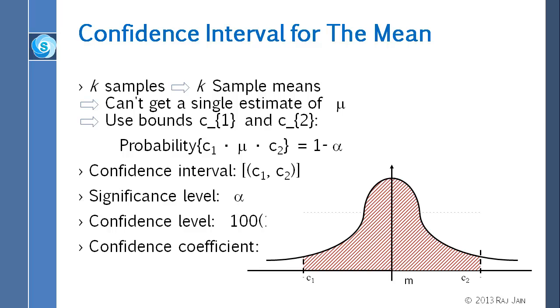So we put 2 bounds, C1 and C2. And we say, well, based upon whatever I know so far, the probability of being wrong is 5%, but there is a 95% chance that the population mean is in this range. Okay? So that is what is called a confidence interval.